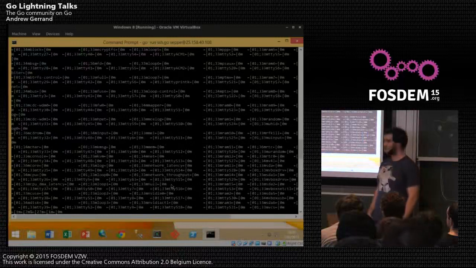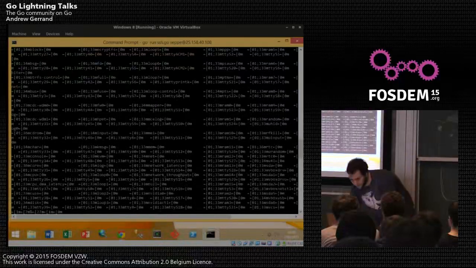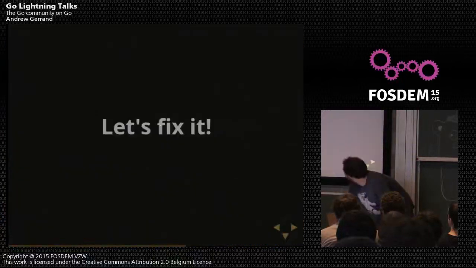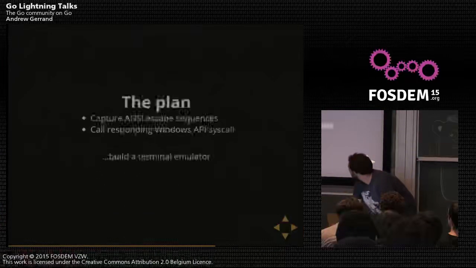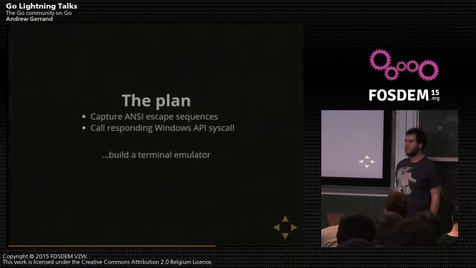Since my goal was to make it run on every platform, I needed to fix this somehow, and in Go this was actually pretty easy to do. So how are we going to fix this? Basically, we have to capture the ANSI escape sequences and call corresponding Windows API calls so that we can do things with the terminal. So basically build a terminal emulator.